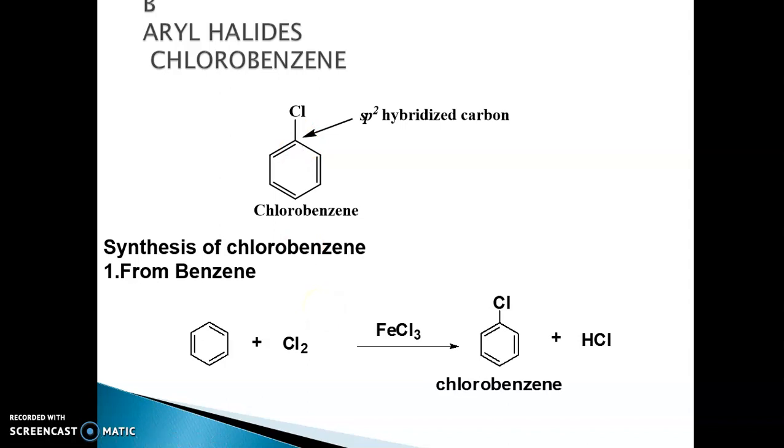There are three methods in our syllabus for the preparation of chlorobenzene. The first one is from benzene. Benzene on chlorination in presence of FeCl3 or even AlCl3 gives the corresponding chlorobenzene. Whenever benzene reacts with chlorine, one of the hydrogen atoms of benzene is replaced by a Cl atom, HCl is removed, and this reaction takes place in presence of FeCl3 or AlCl3, and we get our required product, chlorobenzene.